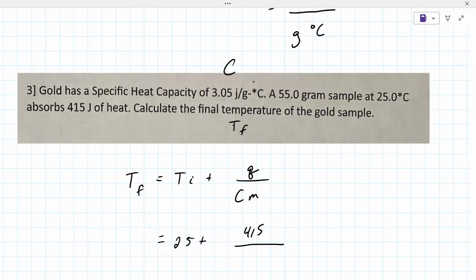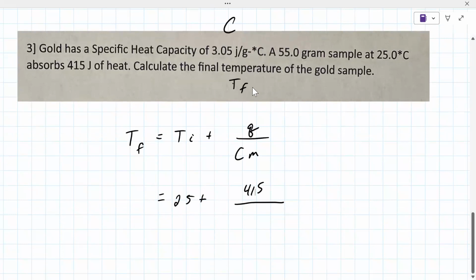Yeah, and then there's no way to know if your answer is reasonable. Sometimes you get a number and you're like, I don't know. That's why it's so important to make sure you're putting them in the right place. And then the mass is 55. All right, so go ahead and calculate this. Three significant figures for your answer.